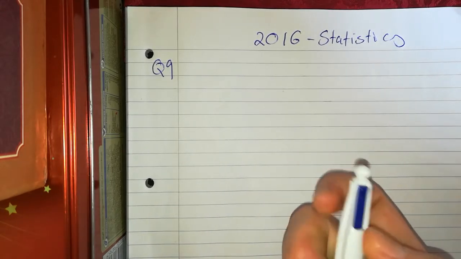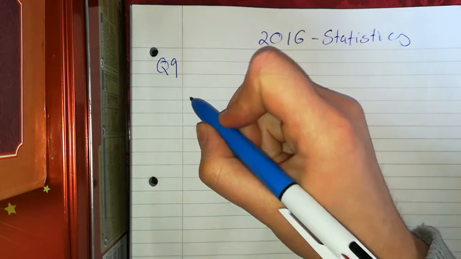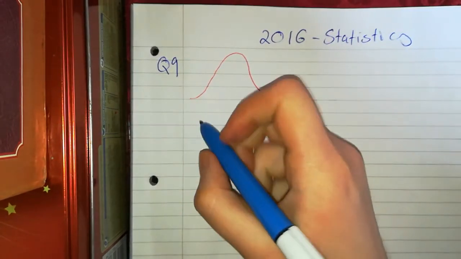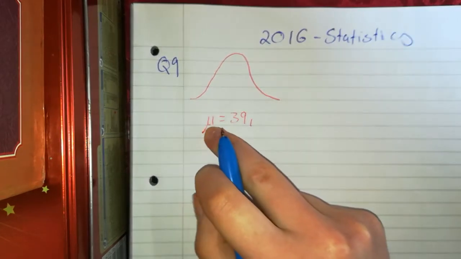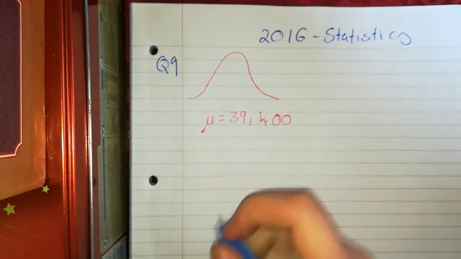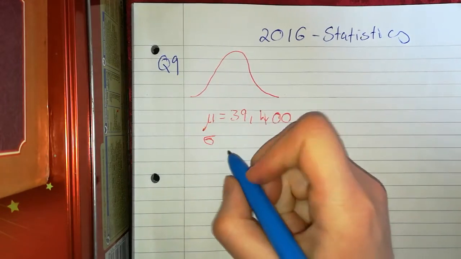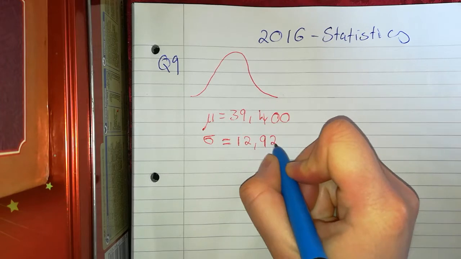So the information we're given is that we have a normally distributed distribution, so it's going to have a curve something like this, and we were told that our mean, I'm going to use that symbol for the mean, is equal to 39,400, and our standard deviation, the symbol generally used for standard deviation, is equal to 12,920.